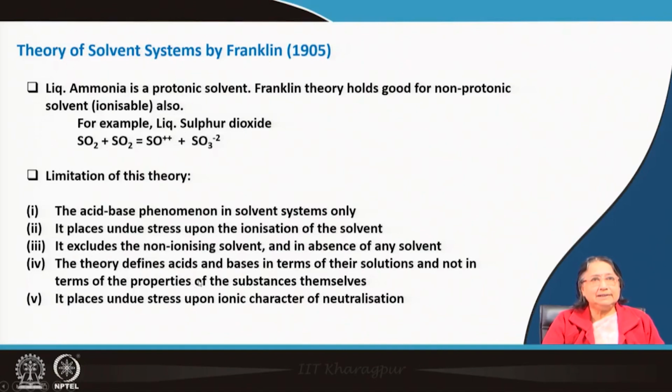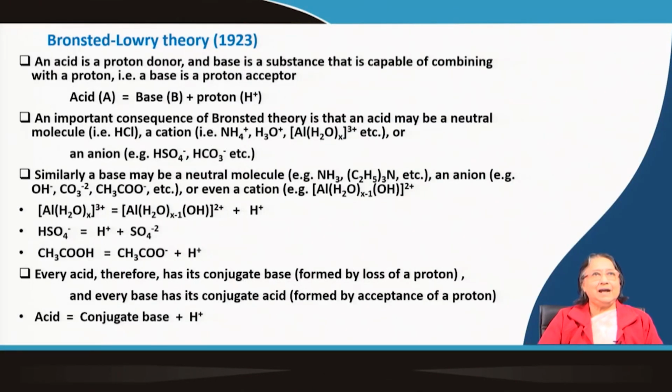The theory defines acids and bases in terms of their solutions and not in terms of the properties of the substances themselves, and it places undue stress upon the ionic character of neutralization also. So, every theory has some limitations, but at that time it could explain the properties of acids and bases very nicely in some other solvents, but not in water.